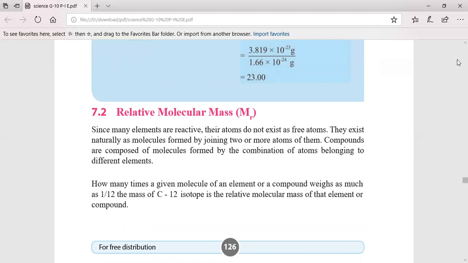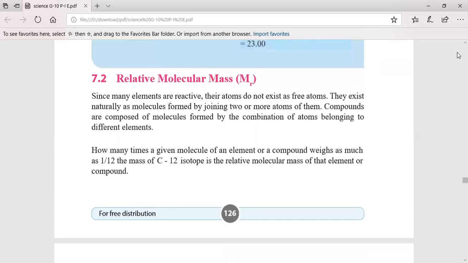Compounds are composed of molecules formed by the combination of atoms belonging to different elements. Right? The compounds are made by the combination of different elements using atoms. Then molecular mass.